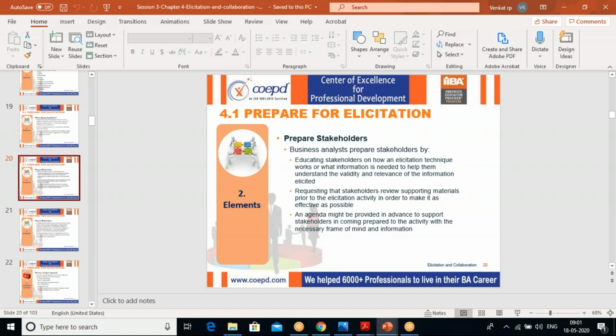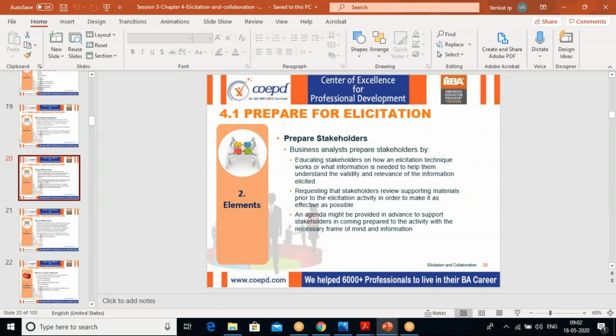And if you can educate them about how this technique will work, the stakeholders also will prepare themselves to contribute in the right way. Possibly they will come up with their own process documents to refer to, and they may come up with the latest challenges in their process, what they are facing. They come prepared for it.